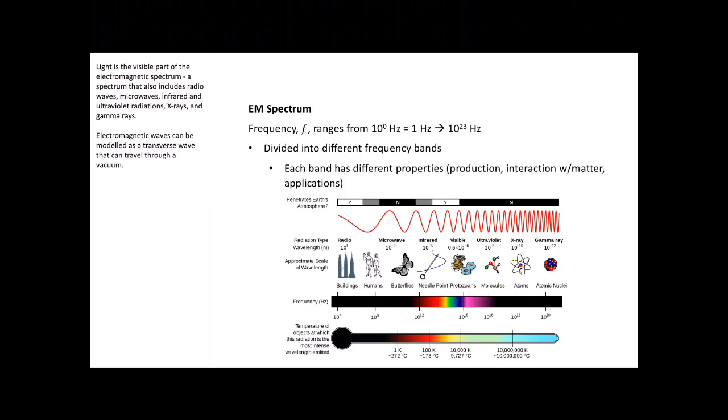Each of these bands have different properties, including how they're produced, their interaction with matter, and also their application, so how we can harness and utilize these types of waves.